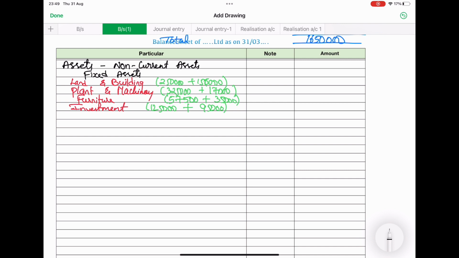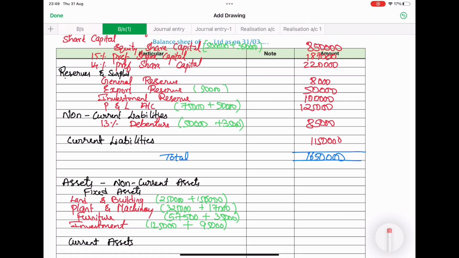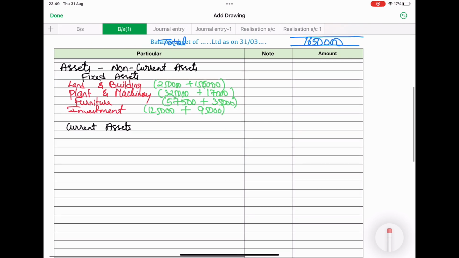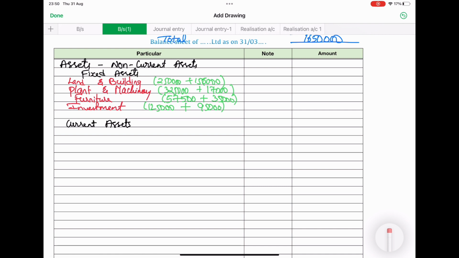Under current assets we are going to mention stocks, debtors, bills receivable, cash and cash equivalents, short-term investments, and so on. So under current assets, firstly we have stock, next debtors, next cash and bank. I'll mention the amounts now.